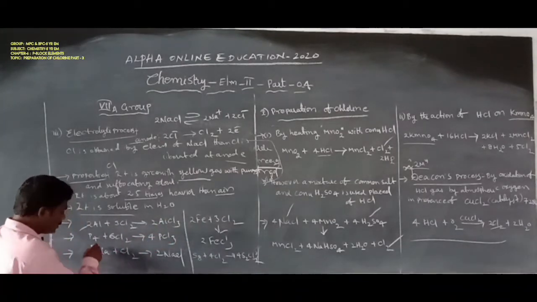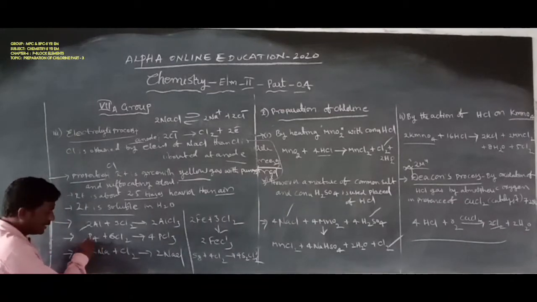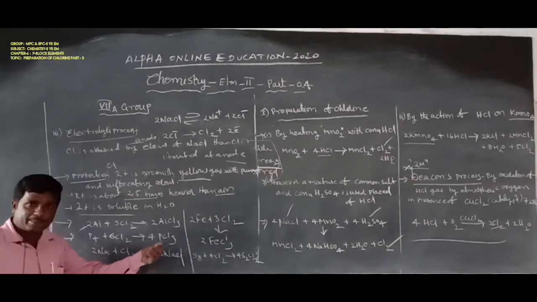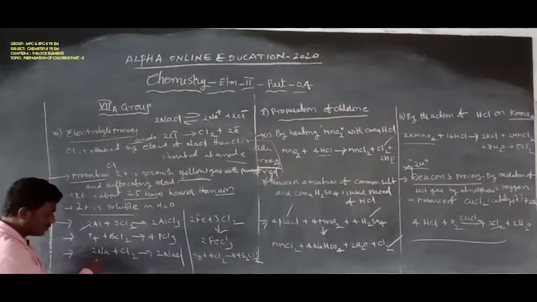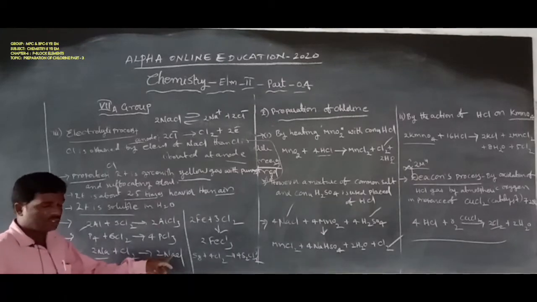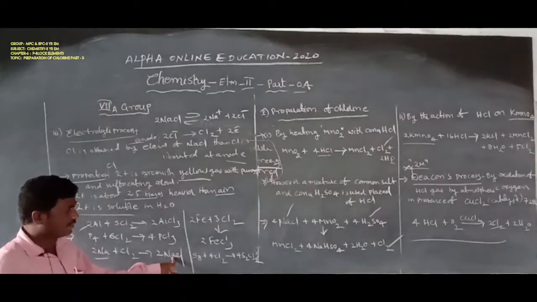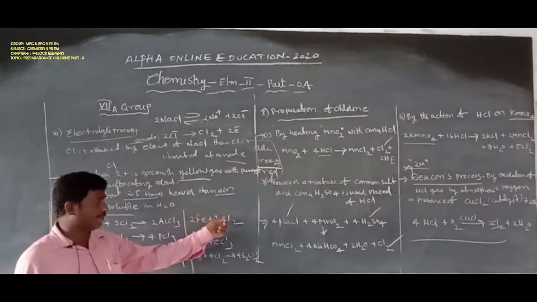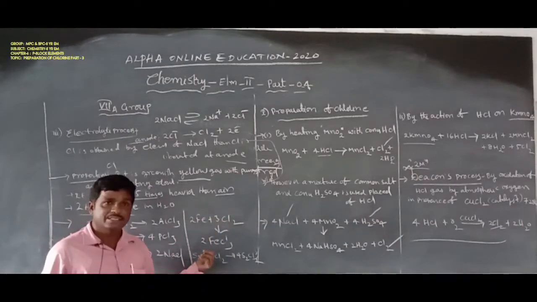Next, phosphorus is a non-metal. It reacts with chlorine to form PCl3, phosphorus trichloride. Next, sodium metal combines with chlorine to form sodium chloride. Iron metal combines with chlorine to form FeCl3, iron trichloride.